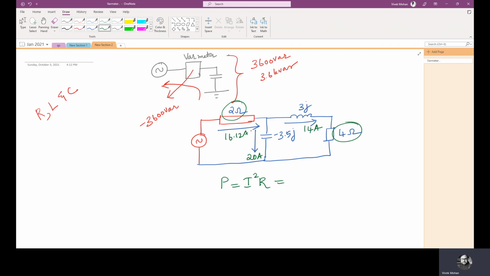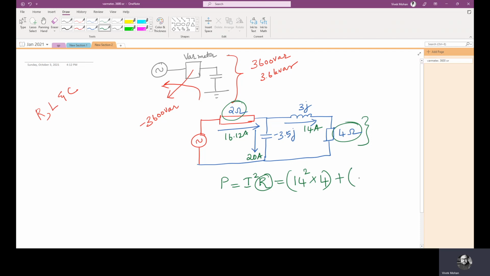Now, if I want to find the active power, P equals I squared R, which is equal to 14 squared into 4 for this resistor. If I want to find the total active power, then I have to add the active power absorbed by both the resistors.